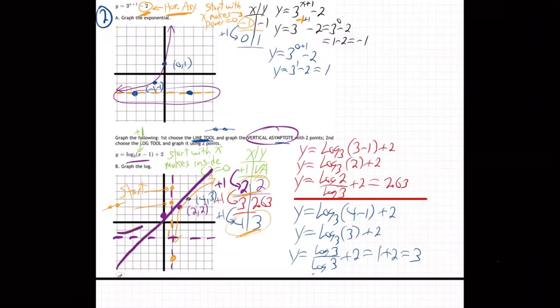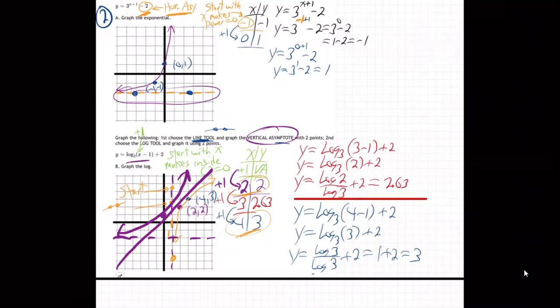I should have said that previously. Remember, inverse functions of any kind, like a square root of x and an x squared, reflect across the diagonal line.